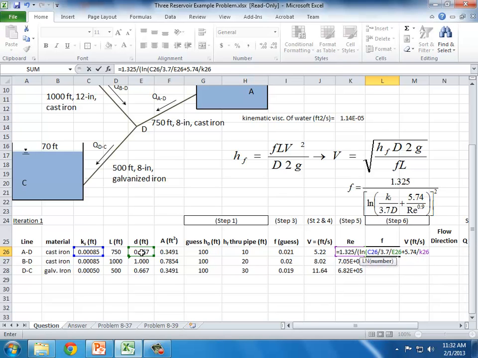I can't click on it because my formula is in the way. To the 0.9 power, because it's centered. Close that. Now we want to square it. Double check, make sure there's no errors there.